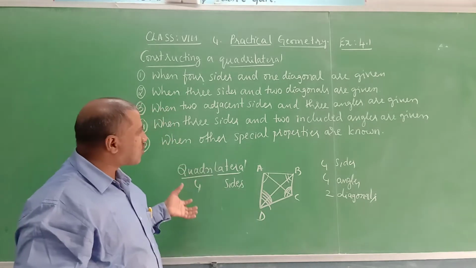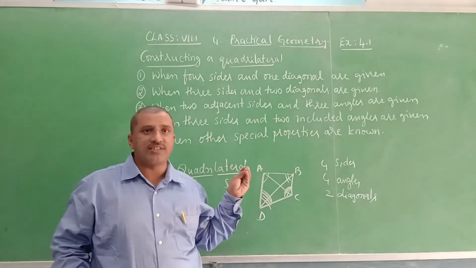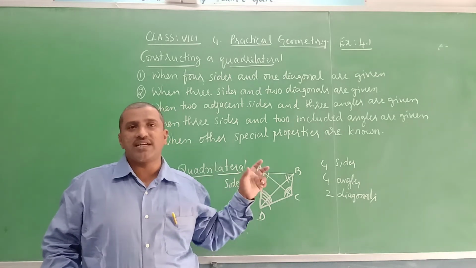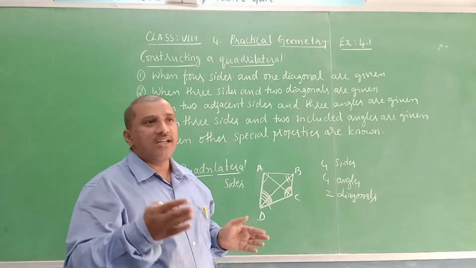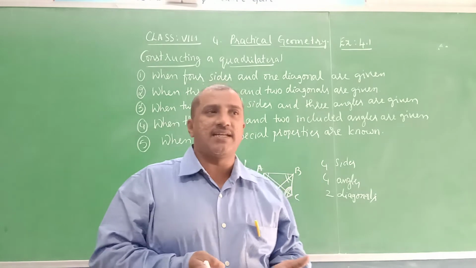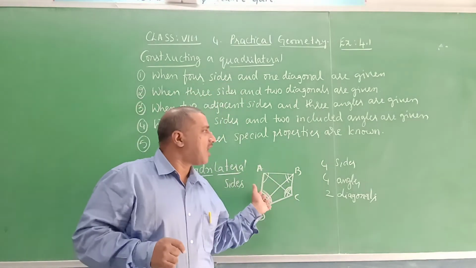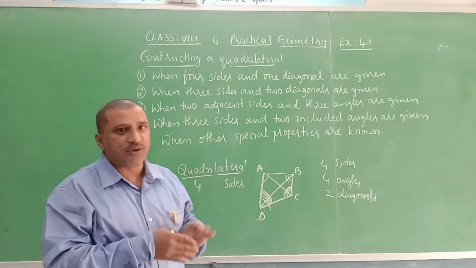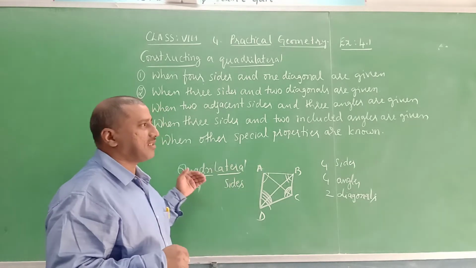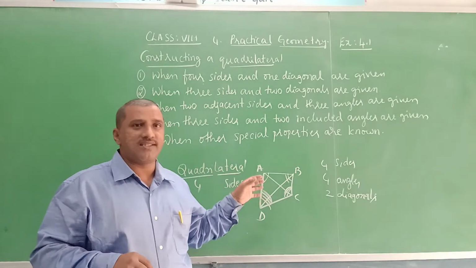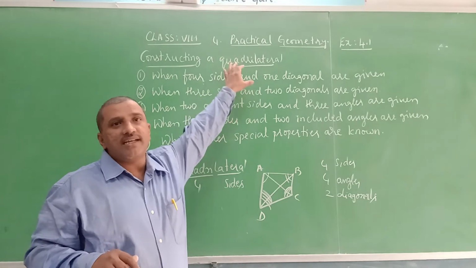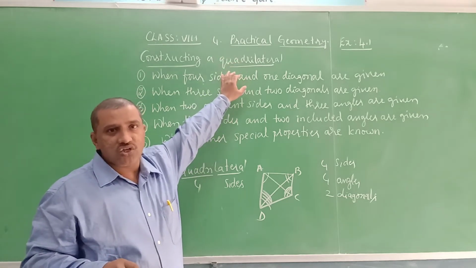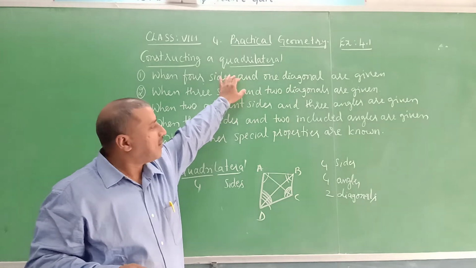While constructing, we use the knowledge of constructing angles using a protractor or compass, and the perpendicular bisector. We will discuss how to construct a perpendicular bisector, the construction of angles and the angle bisector while constructing the quadrilaterals.